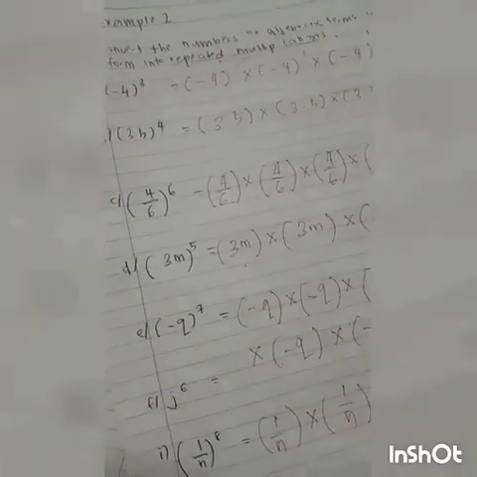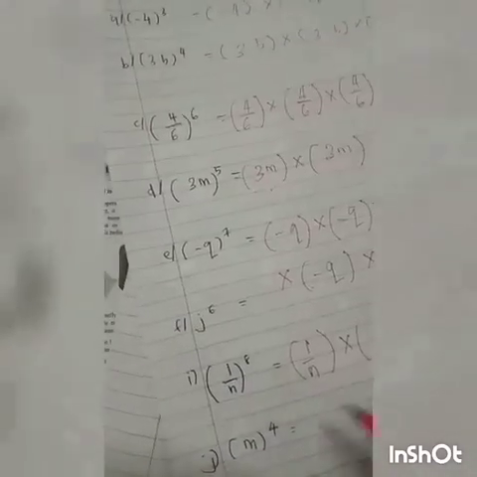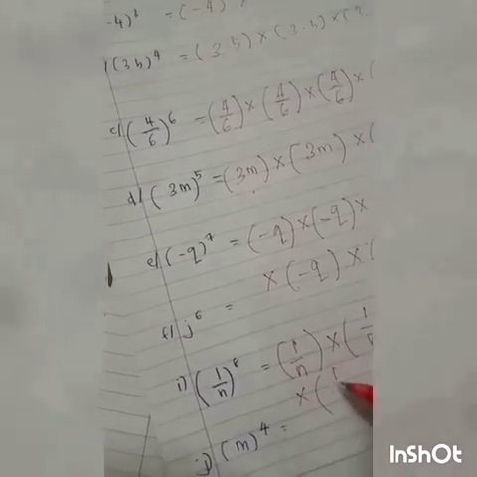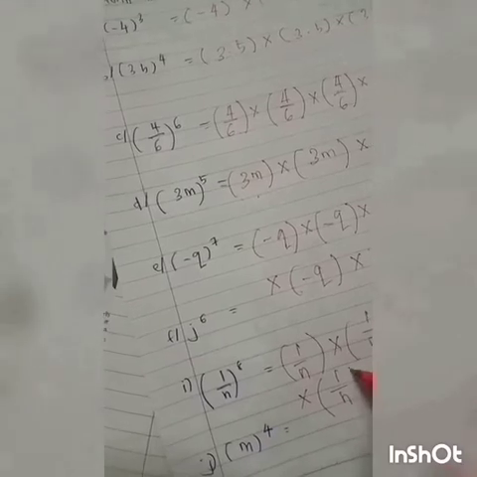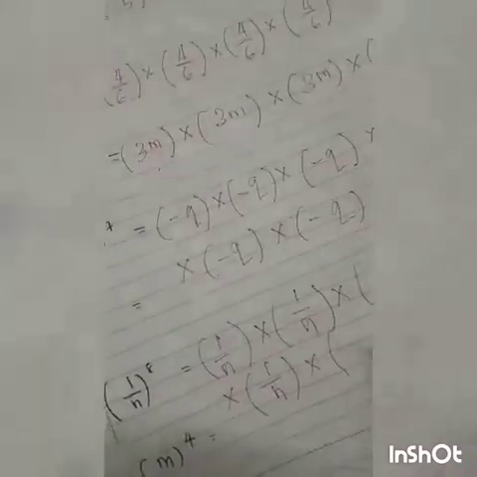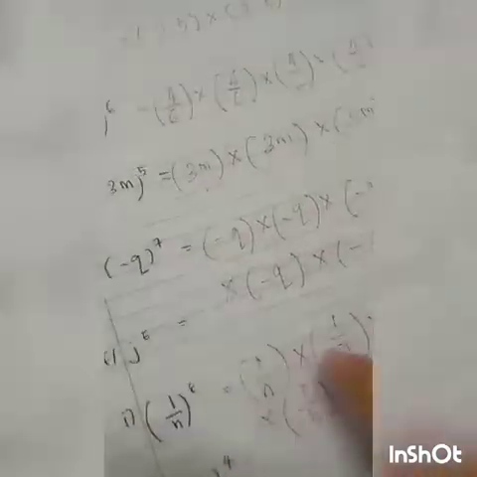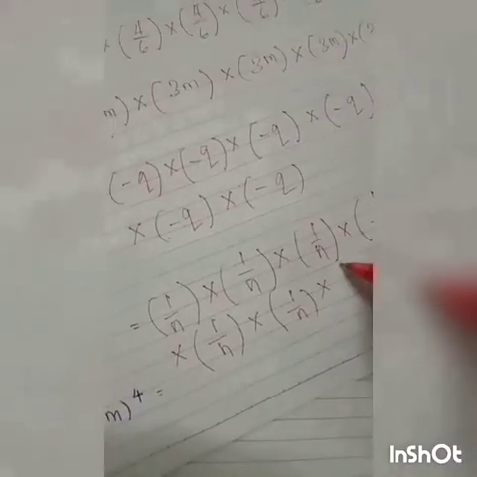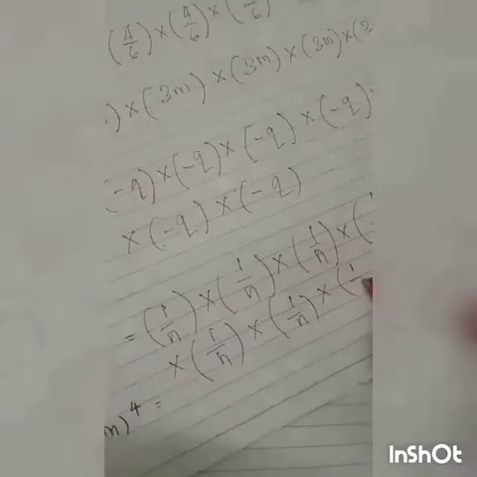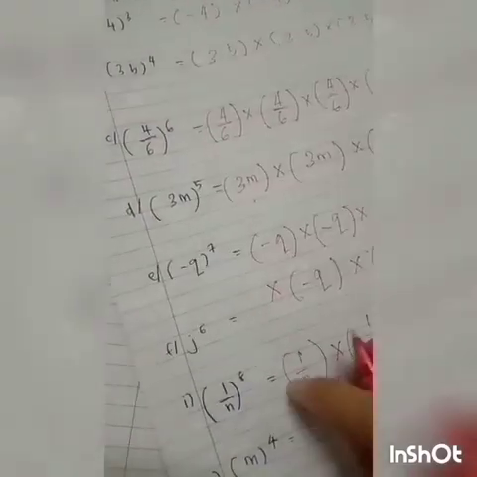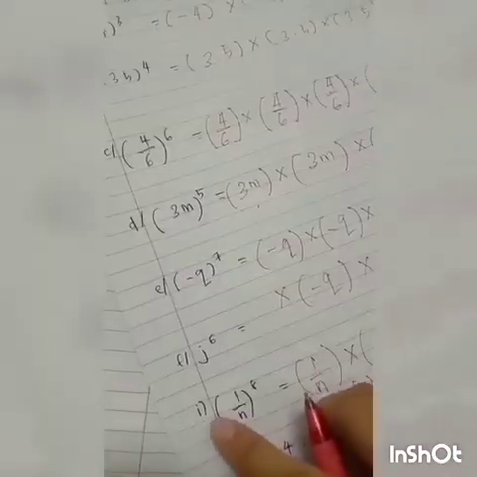So 1 2 3 4 5, multiply bracket 1 over n, multiply bracket 1 over n. So 1 2 3 4 5 6 7. So one more again, multiply bracket 1 over n. So this is the answer of repeat multiplication for I.